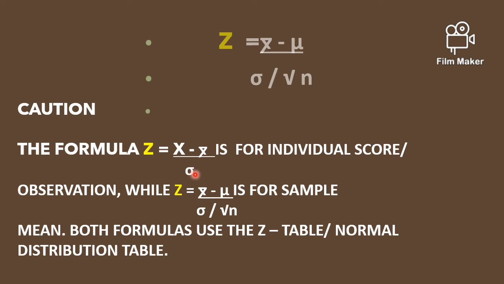While if n is greater than 30, either 31, 32, 33, up to million, up to zillion, we will use this formula: z for the central limit theorem, x bar minus the mean divided by the standard deviation divided by the square root of n. Both formulas are used with the z table. So we are required to use the z table distribution for the normal distribution.